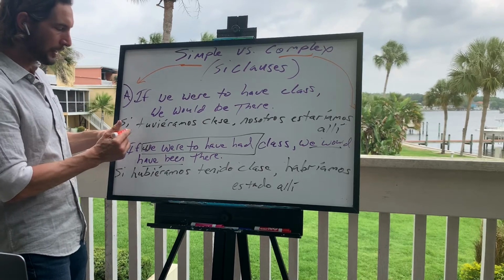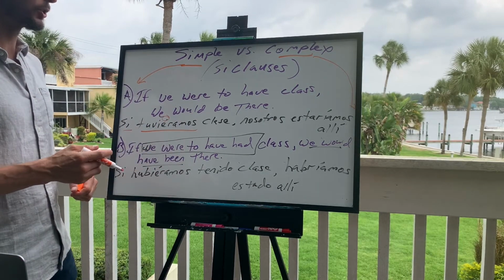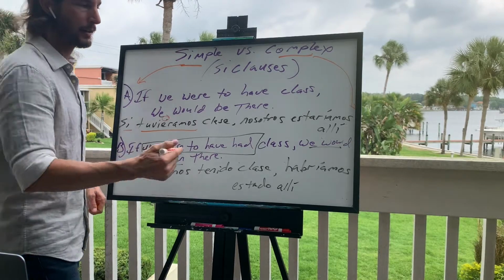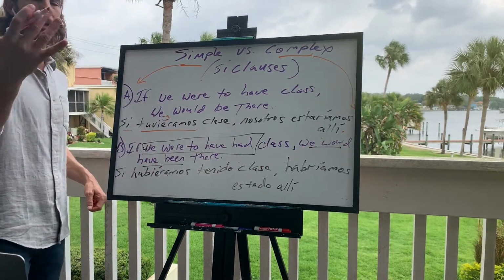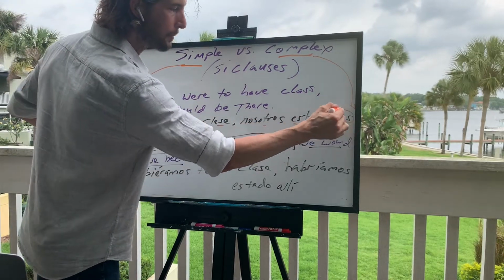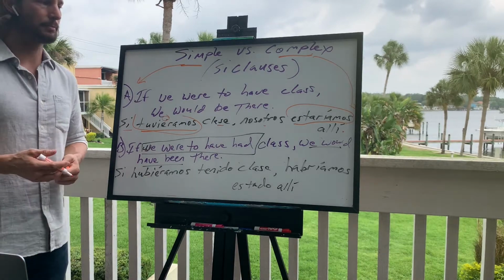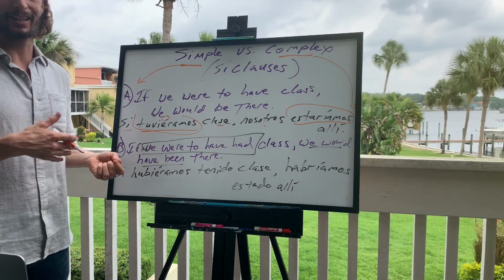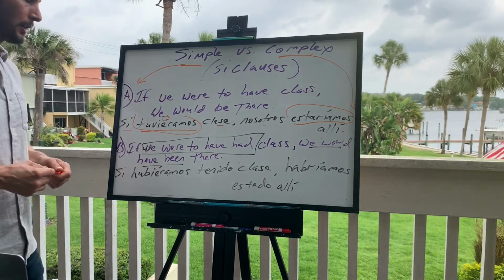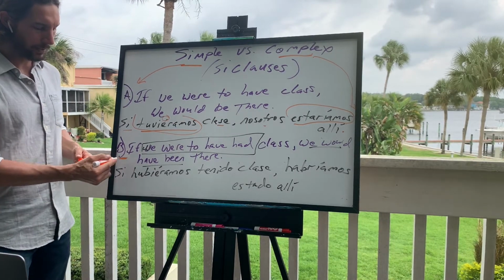Si tuviéramos, notice the accent, si tuviéramos clase, nosotros estaríamos ahí. We would be there. You can use ahí or leave it out, because it's implied when you use está, since it's referring to a location.